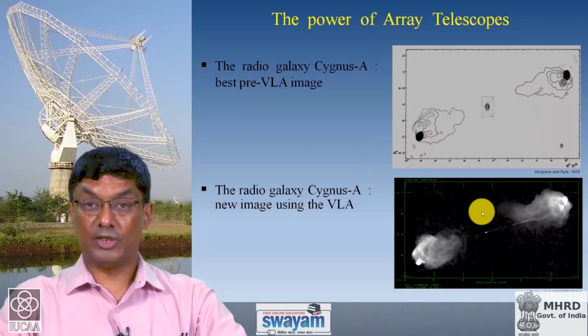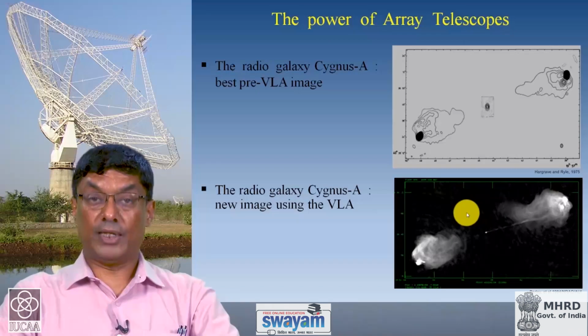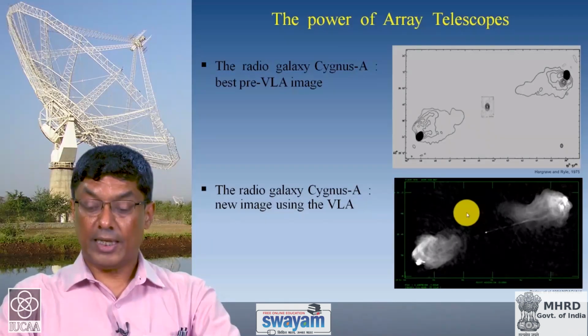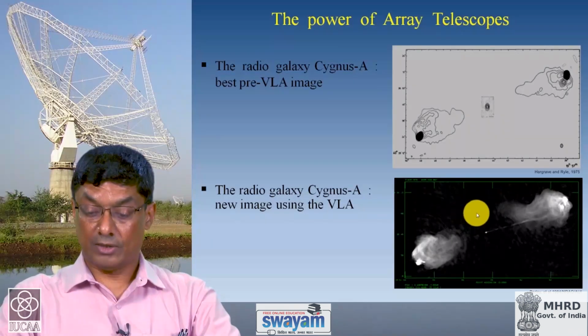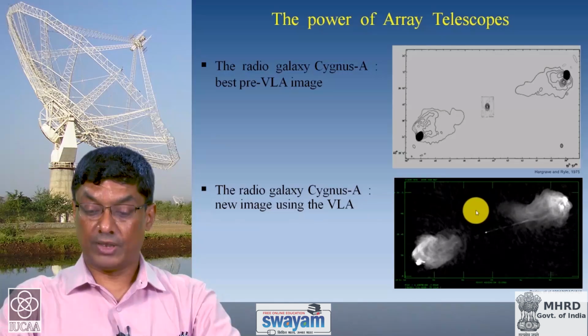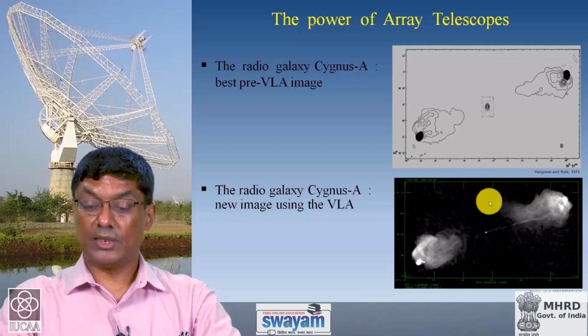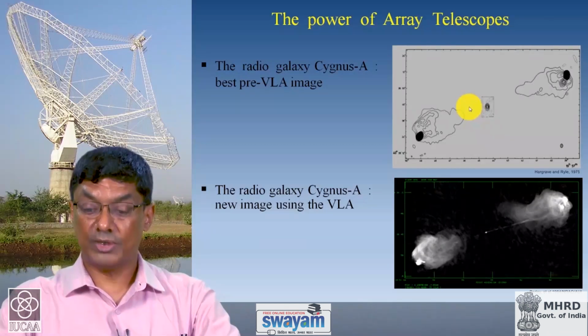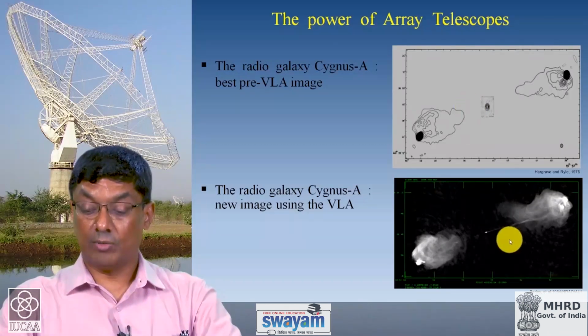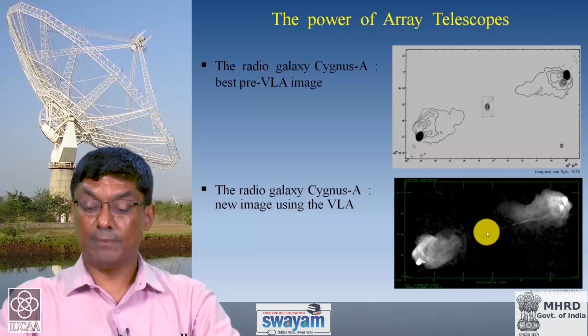But this is an image of the same object made with this VLA array, and this is of course different in the sense that this is a false color grayscale image compared to the top one, which is a contour image. But nevertheless, the point is very clear that you can see much better detail in the lower image.